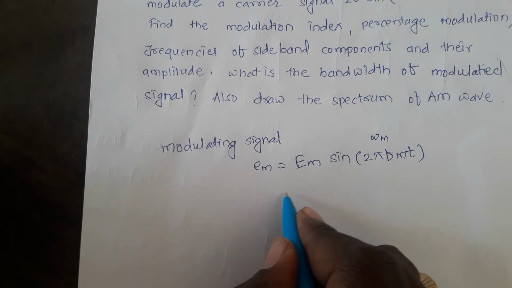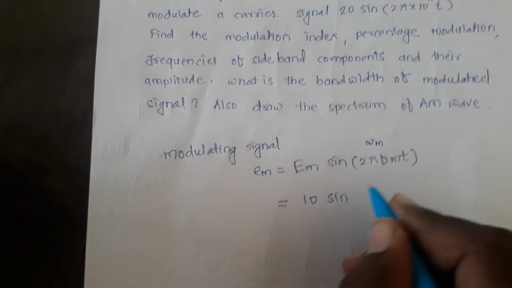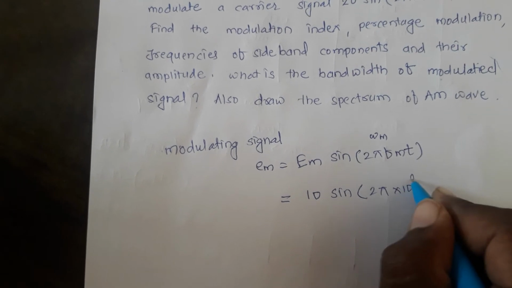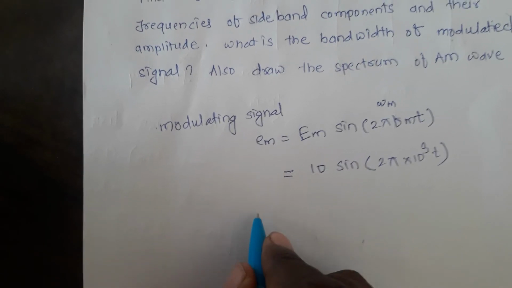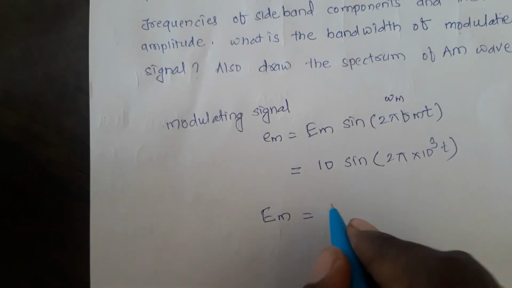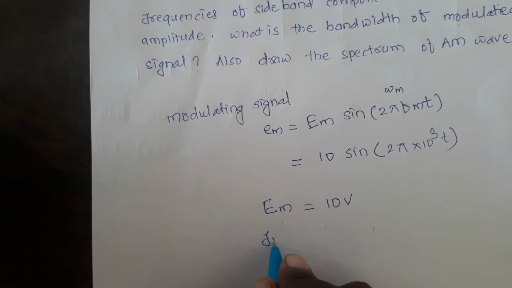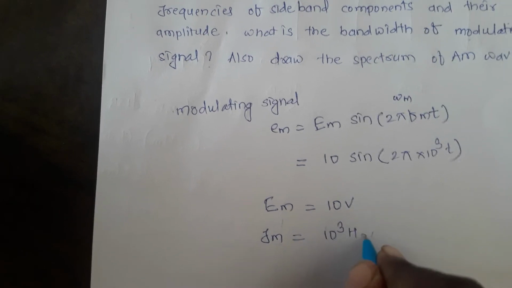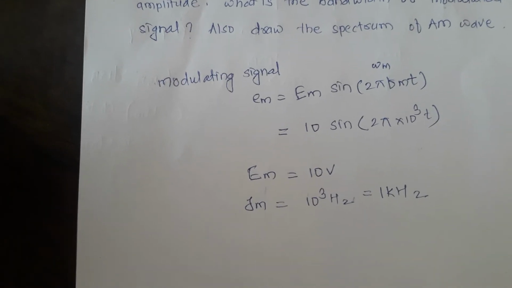Now if we compare the statement given to us with this equation, we have a modulating signal 10 sine 2 pi 10 raised to 3 t. So what we observe is that the value of capital Em is 10 volt and the value of frequency Fm is 10 raised to 3 hertz, meaning it becomes 1 kilohertz, right?